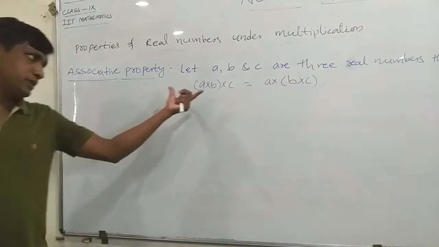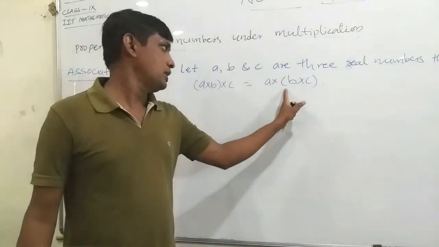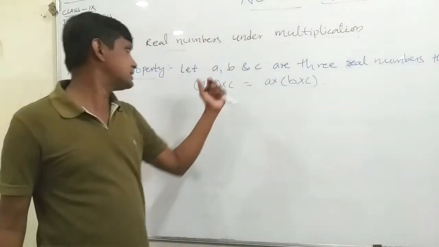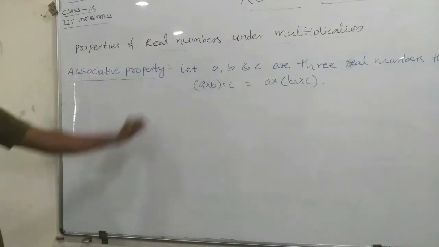That means LHS should be equal to the RHS here. I have to prove this. If LHS is equal to RHS, hence the associative property is satisfied under multiplication in real numbers.